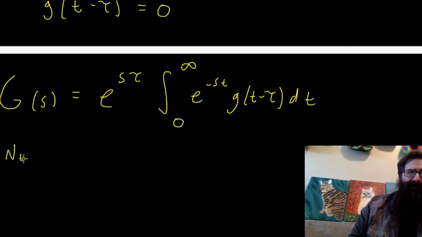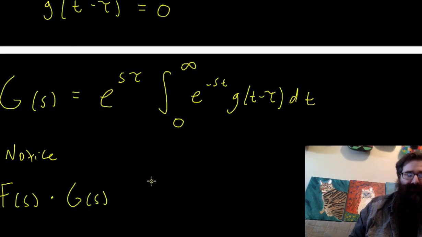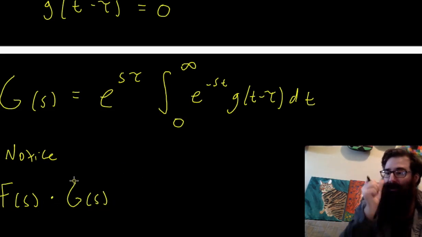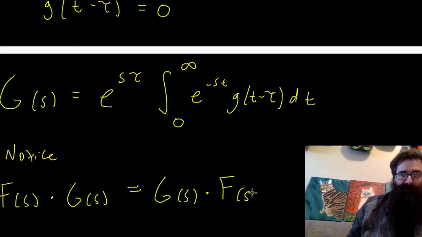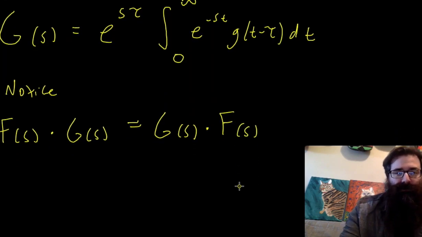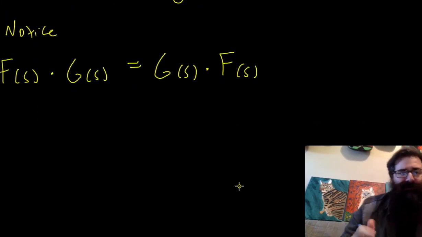So now let's notice capital F of s times capital G of s. And if I wanted to, I could introduce these pieces. I could also multiply them in the other direction. I could say G of s times capital F of s, and I can start introducing some of these things that I have.